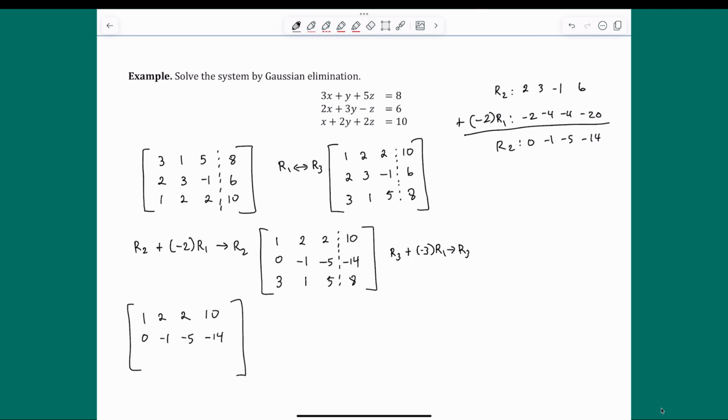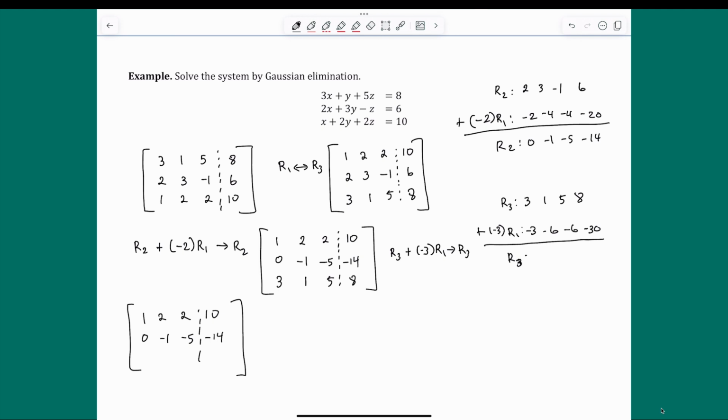But the third row will change. All right, let's do the work on the side here. So row 3 is 3, 1, 5, 8. I'm going to multiply by negative 3, row 1, and then add that to get the new row 3. So negative 3 times row 1 would be a negative 3, negative 6, negative 6, and then a negative 30.